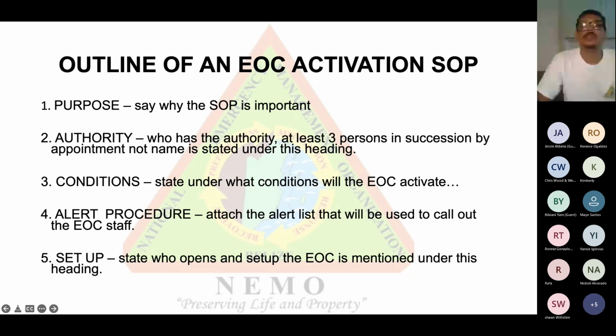Alert procedure, attach the alert list that will be used to call out the EOC staff. This is another area that you can have an EOC SOP outline on: who will be calling, who will be doing the calls, how will you communicate with the person?